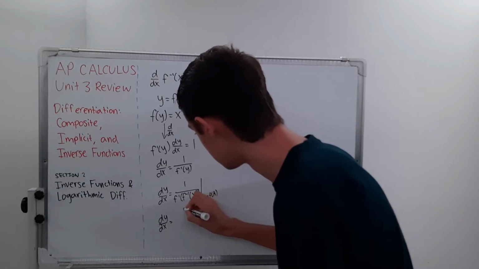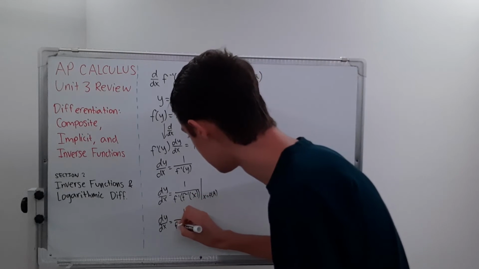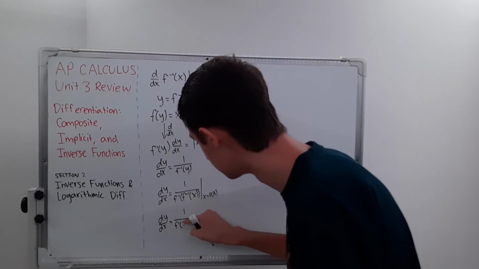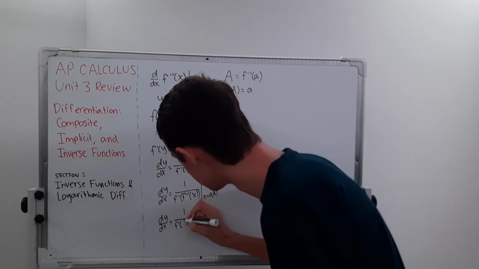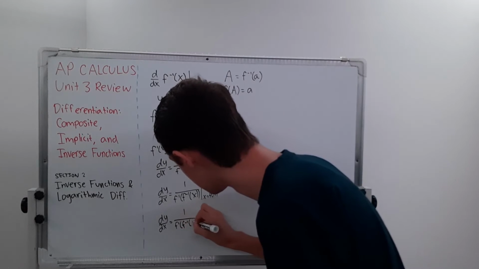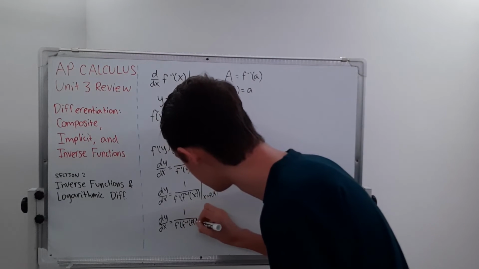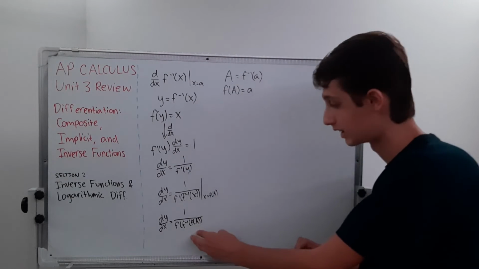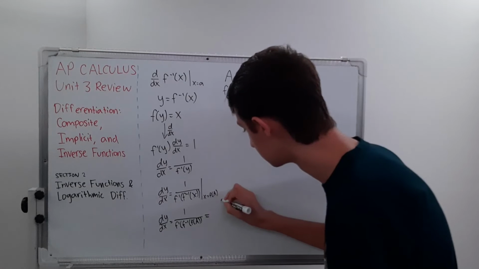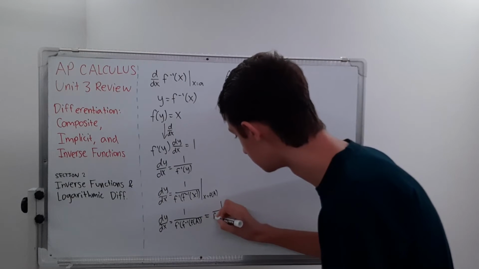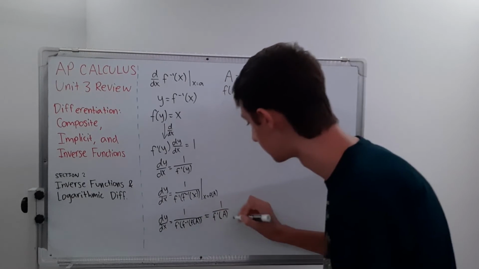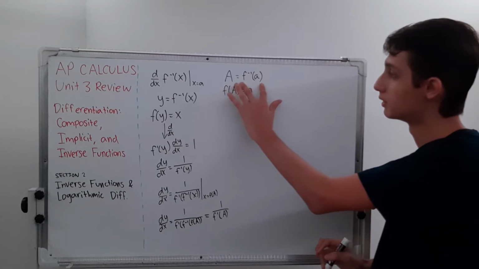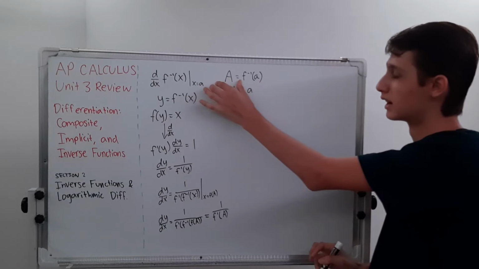So this is going to be 1 over f prime of f inverse of f of capital A. So f inverse and f cancel out, so this is just equal to 1 over f prime of capital A.